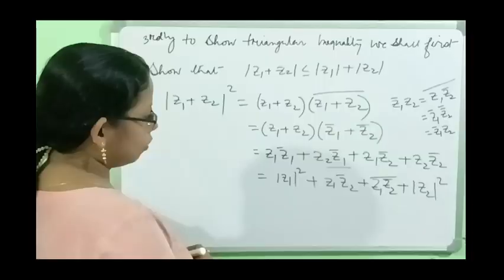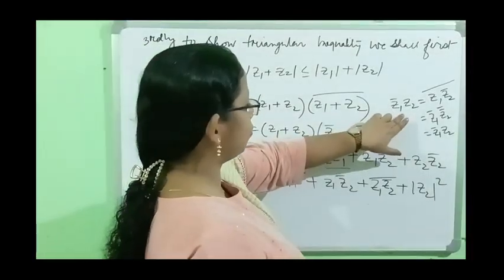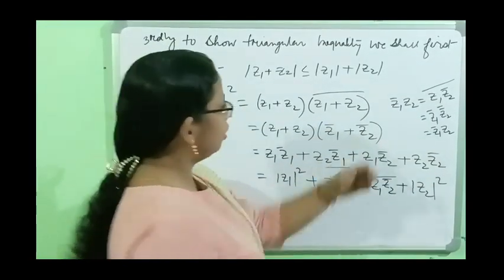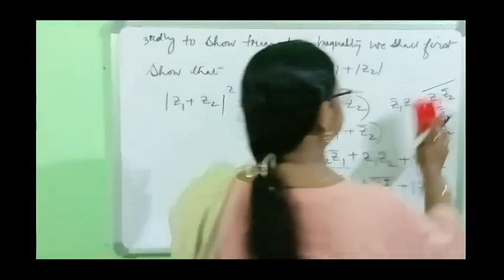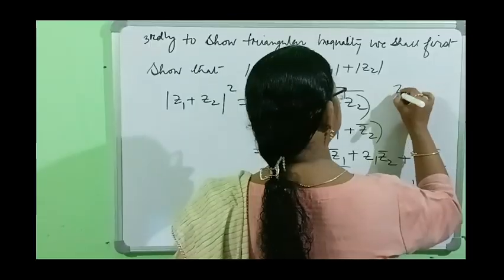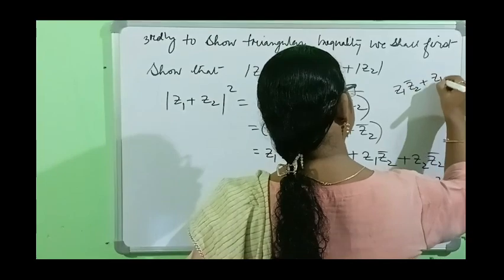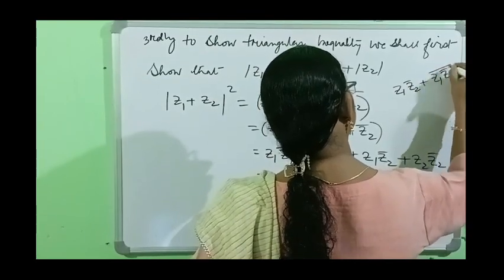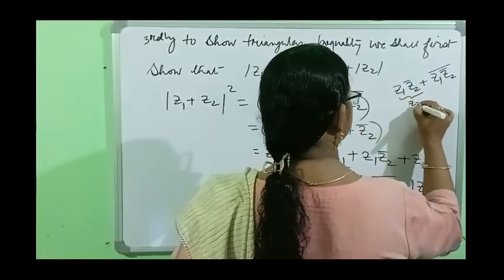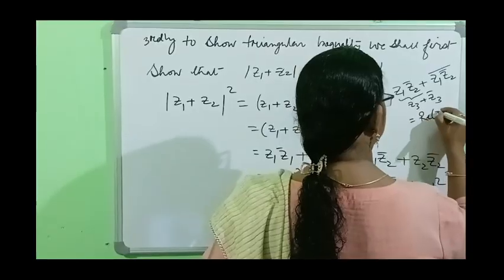Okay. Now look here. Z1 is a complex number. Z2 is a complex number. Their product is another complex number. So if I consider z1 z2 conjugate plus z1 z2 conjugate, that is another complex number z3 plus its conjugate, that will be the real part of that number z3.